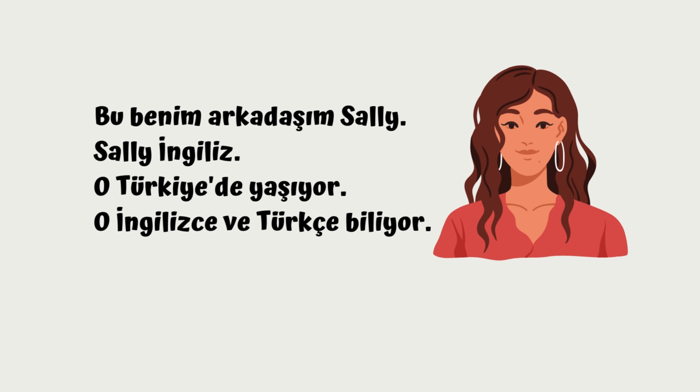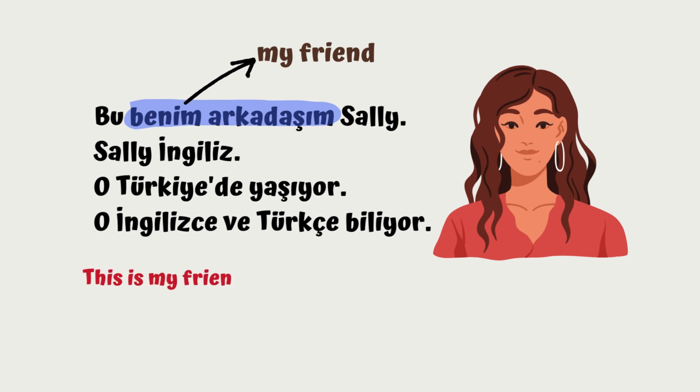Sally İngiliz. So we know what bu is, this. Arkadaş means friend. And we're saying benim arkadaşım, which means my friend. So what are we saying here? Bu benim arkadaşım Sally. Sally İngiliz. That's correct. What we're saying is this is my friend Sally. Sally İngiliz. Yeah, English. So Sally is English. This is what we're saying.